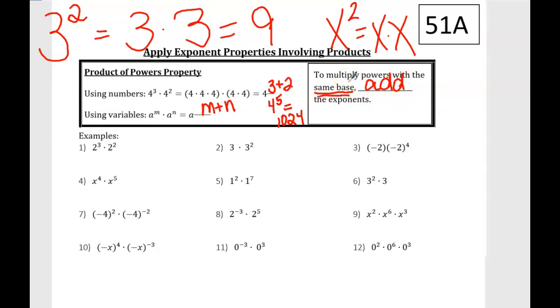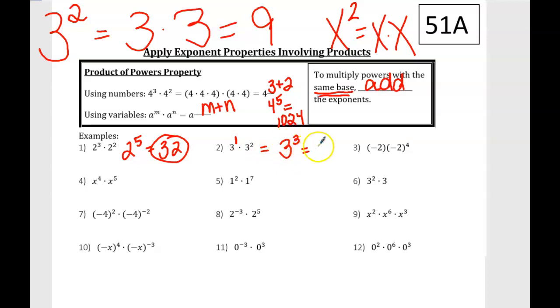In the first example, we have 2 to the 3rd times 2 squared, which would just be 2 to the 5th. Use your calculator, evaluate 2 to the 5th, and you can get 32. What you have to be careful with in number 2 is 3 times 3 squared. There's really a 1 here because 3 is really the same as 3 to the 1 power. Now we have the same base 3, and 1 plus 2 is 3.